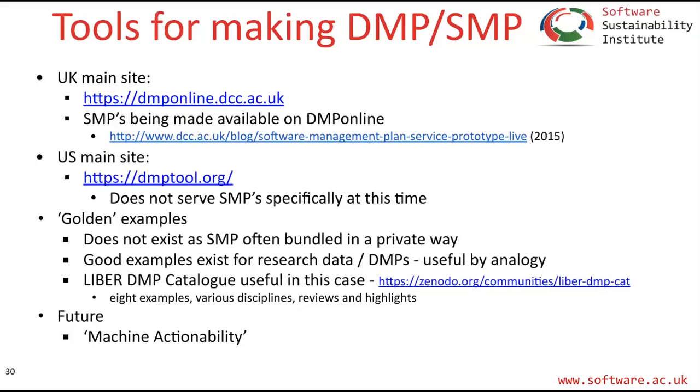I mean, this is really the future, a future idea for how this area will mature and become more manageable, so people can make judgments across an area of how well software and data management plans are doing. Again, there might be situations where this might not be possible, but machine actionability is certainly a push in this area.